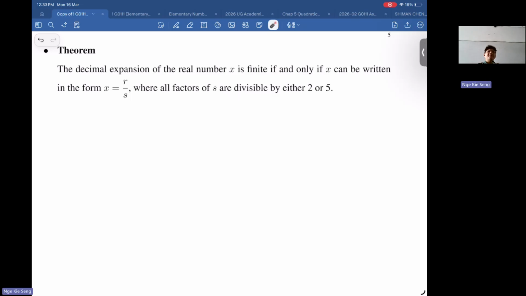Why 2 and 5? 10, right? Because in the decimal expansion, you are dividing by powers of 10. That's why 2 and 5 appear: 10, 100, 1,000, 10,000. Okay, so far so good.